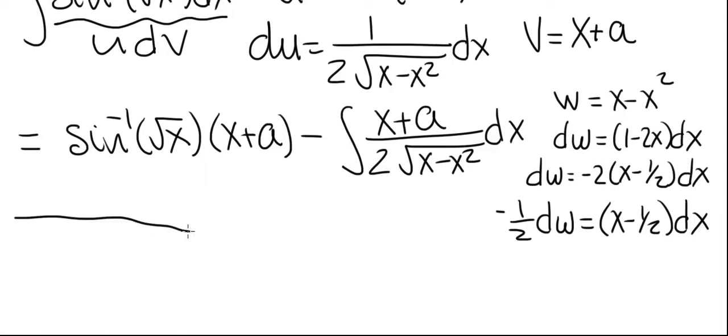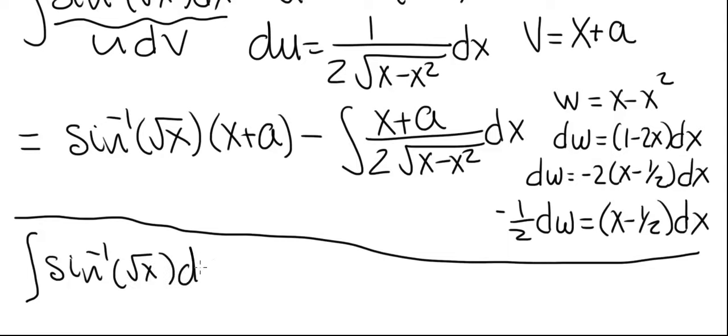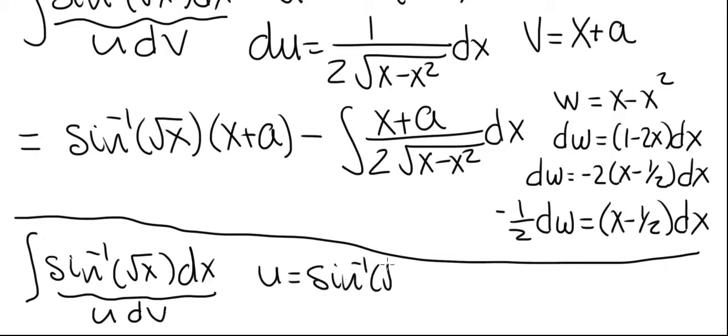So let's go back to the beginning. Let's go back and rewrite this. We had the integral of inverse sine of square root of x dx. This is our integral of u dv. u is equal to inverse sine of square root of x. dv is equal to 1 dx.